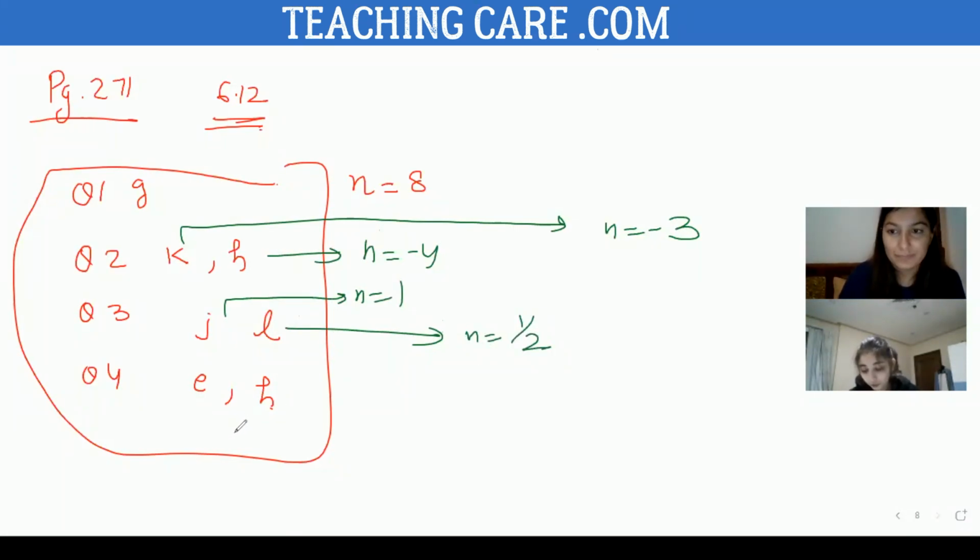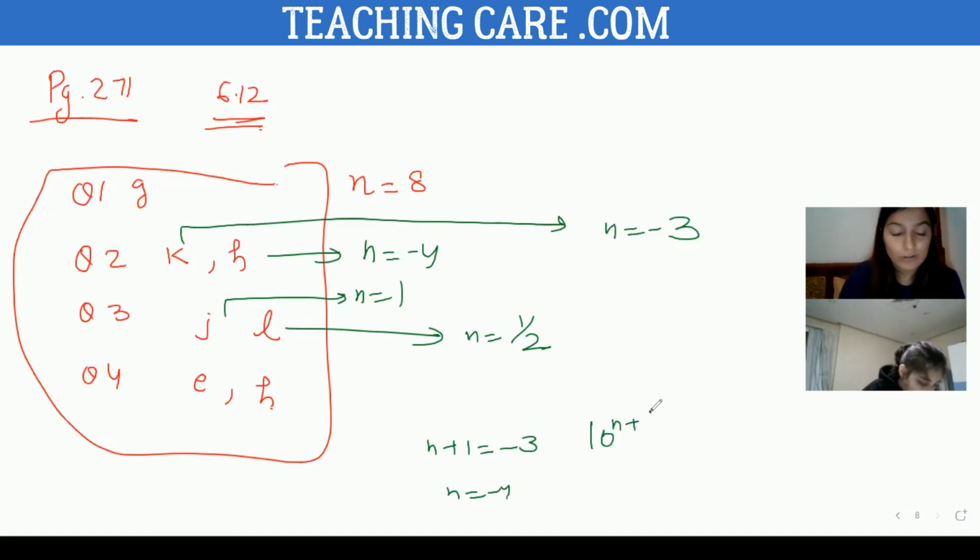For question 4E, n equals 2. Okay, so it will be n plus 1 equal to -3, n will be -4. What are you getting? I got for question 4E, n equals 2. Check it out.